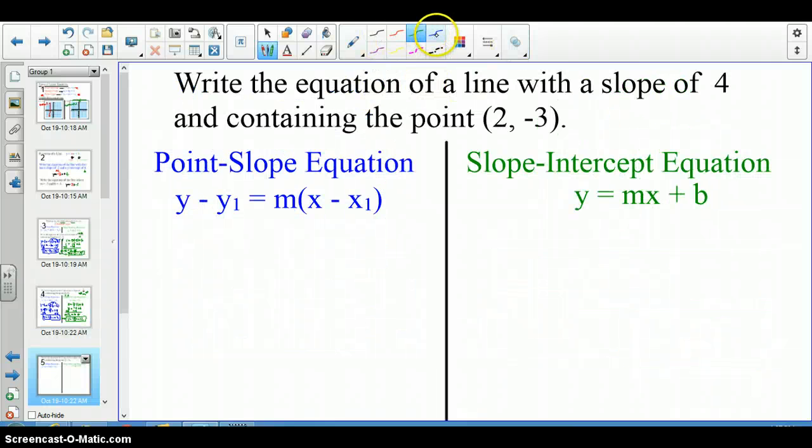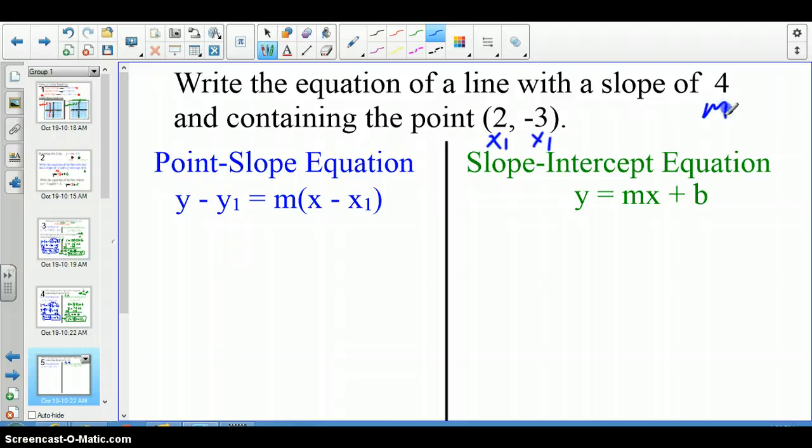Okay, this next one, we'll do one more of these. So now what I'd like for you guys to do is try this on your own. Pick whichever way you want. You do not have to do them both ways because we're getting the same answer. Pick whichever way you feel most confident with.